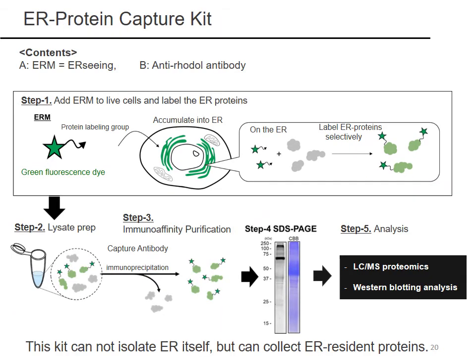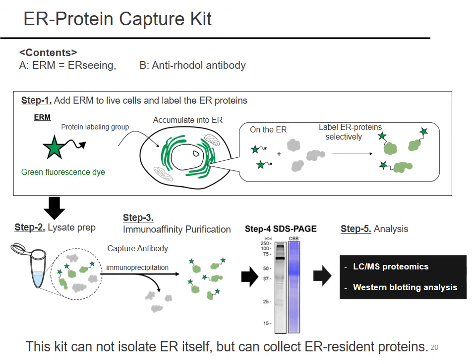Here you can see the overview of our ER protein capture kit. In this kit, there are two components: ERM and the anti-rhodol green fluorescence antibody. The basic principle of how the ER protein capture kit can purify ER proteins is, once ERM is added to live cells, it accumulates in the ER and labels ER-resident proteins selectively with the green fluorescent dye.